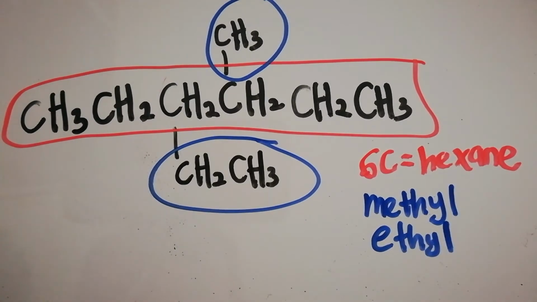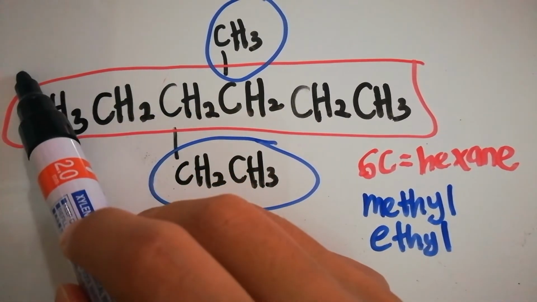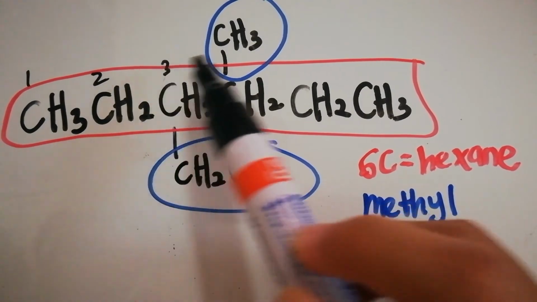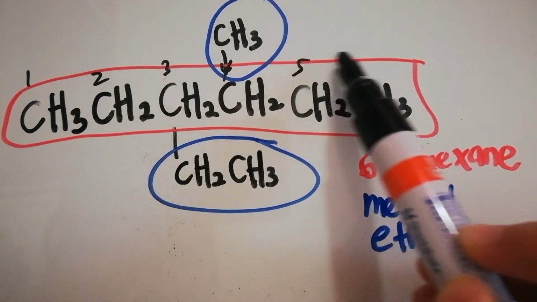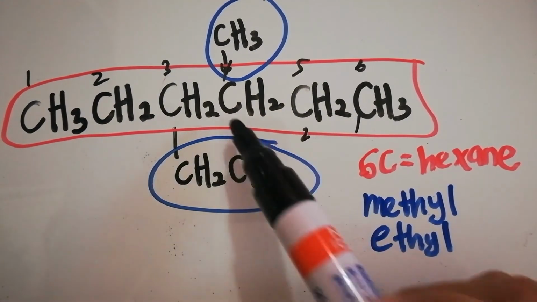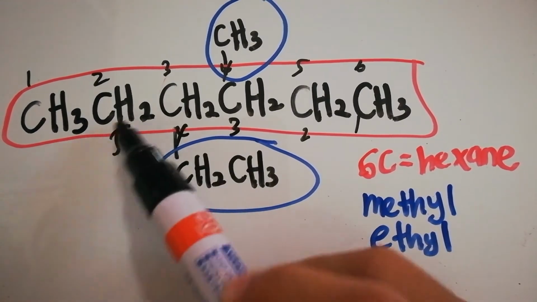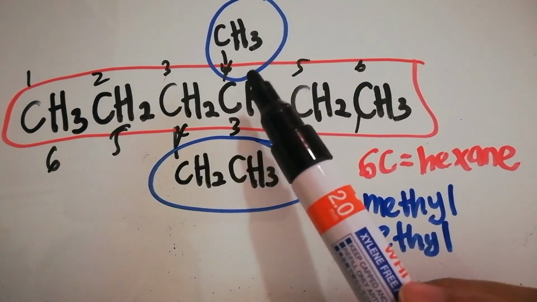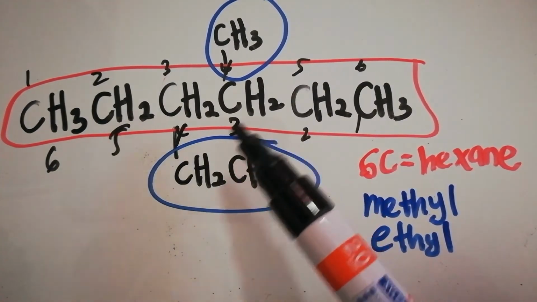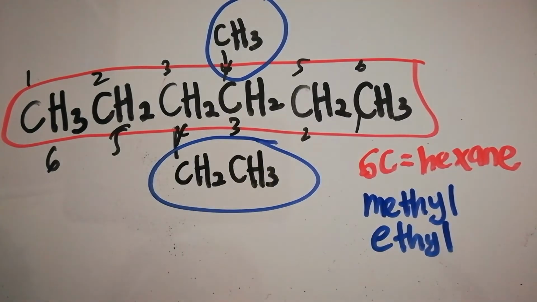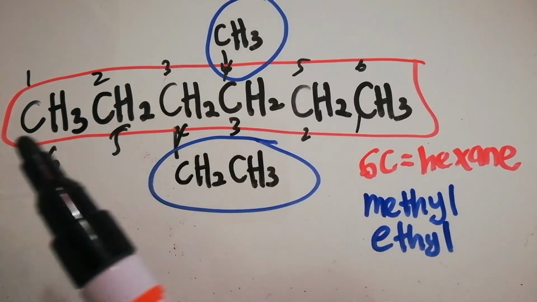The last step is we need to number the substituent. So we start from here, 1, 2, 3, 4, 5, 6, and 1, 2, 3, 4, 5, 6. So there's no difference. There's 3, 4 from the right and 3, 4 from the left.